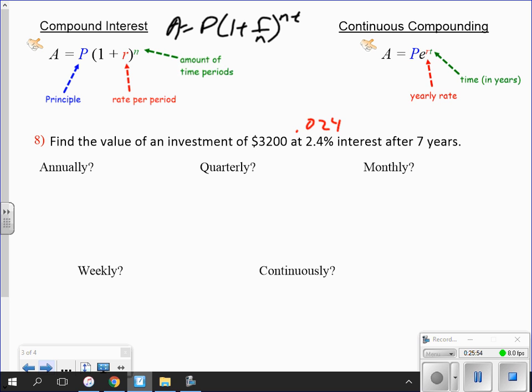We don't do the percent, we do the decimal. And then after here, it's just busting out your calculator and figuring it out. So annually would be 3,200 times (1 plus 0.024) to the 7th power, because n is 1, because it's done once a year.